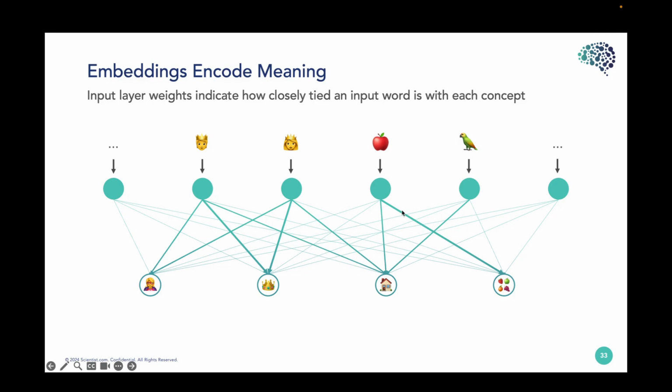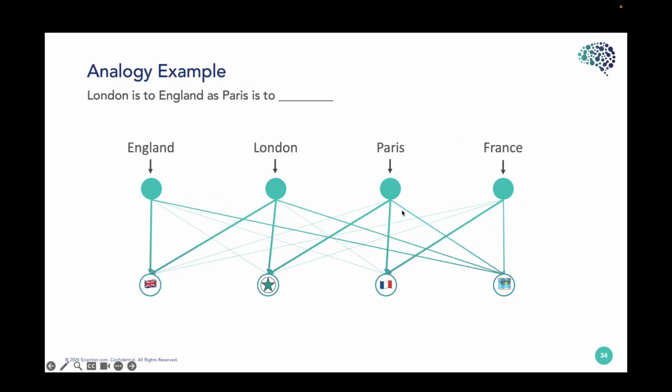So let's look at another example. I'm not going to go through the training of this one, but let's imagine a network. And we have England, London, Paris, and France as our input words. We have 4 nodes that we're showing anyway in our hidden layer. One node is going to relate to Englishness.